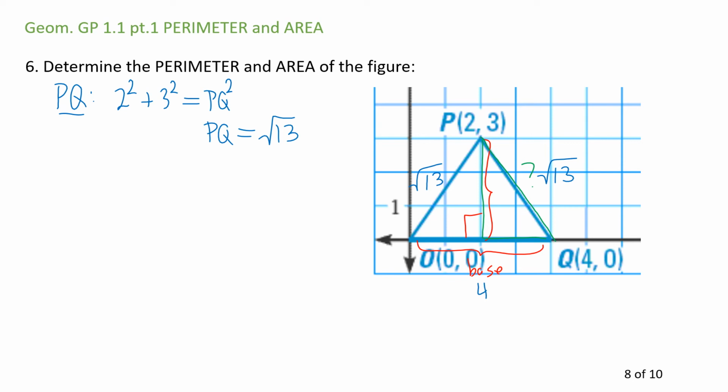So perimeter is equal to 4 plus the square root of 13 plus another square root of 13, which is 11.2 units.